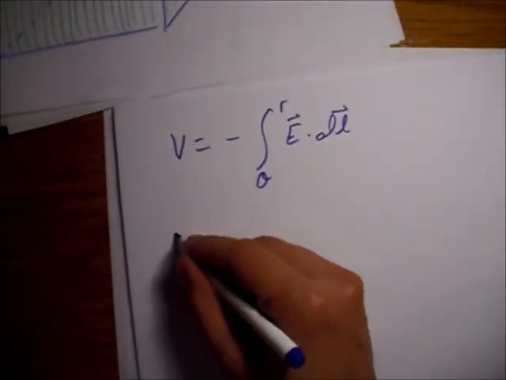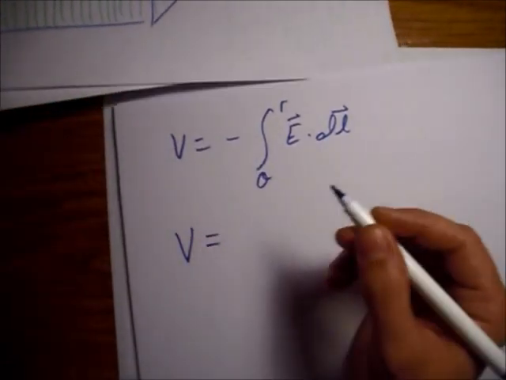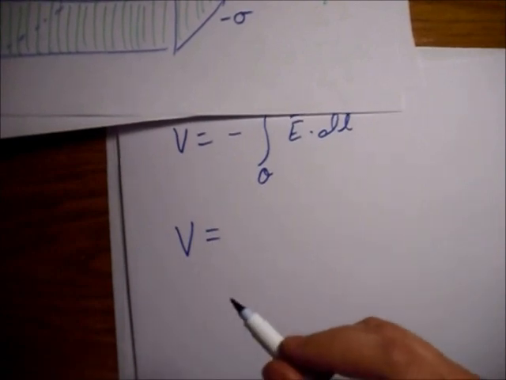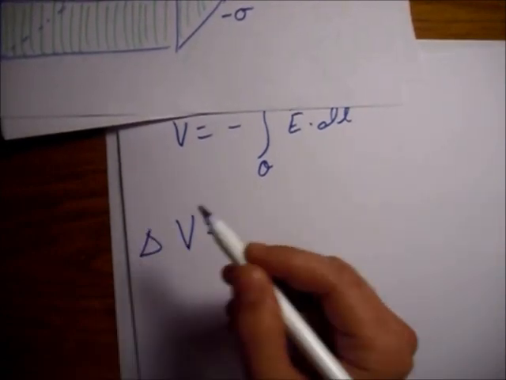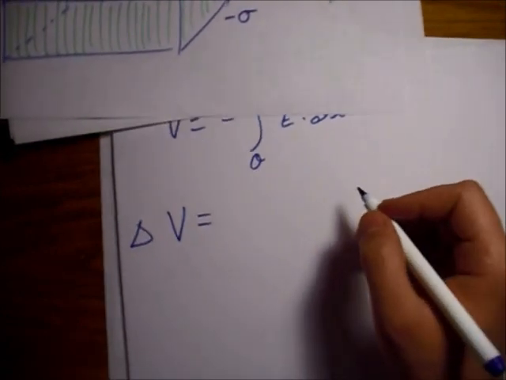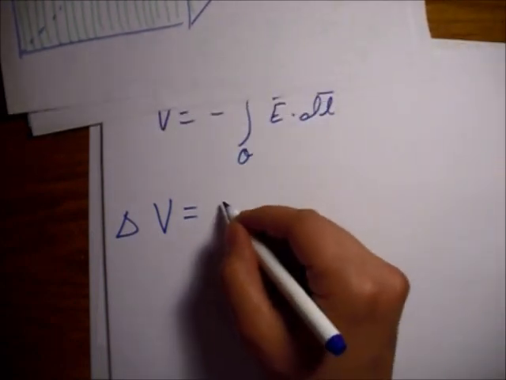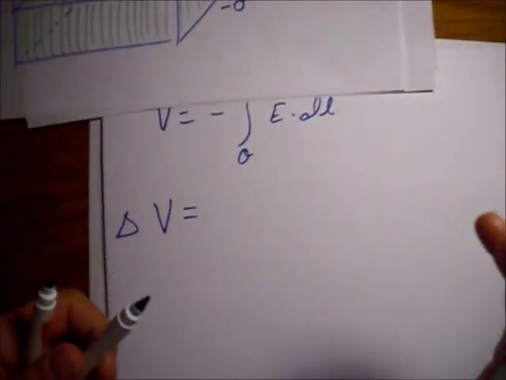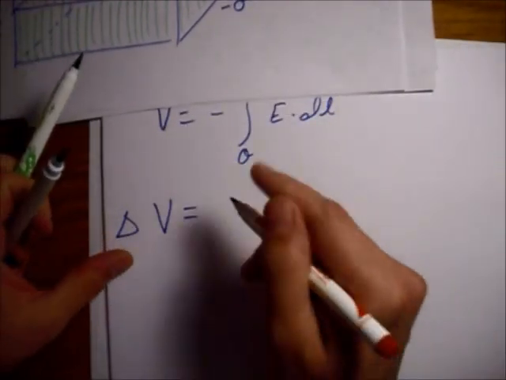So V, we're looking at potential difference, right? So this is just like a delta V. Switch to red.